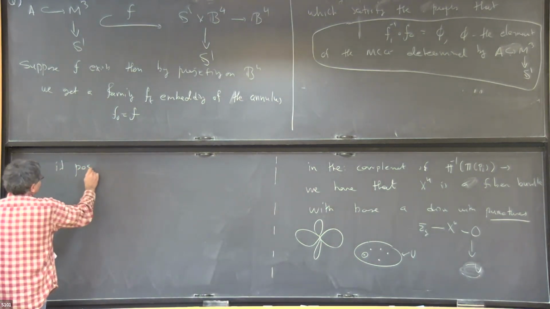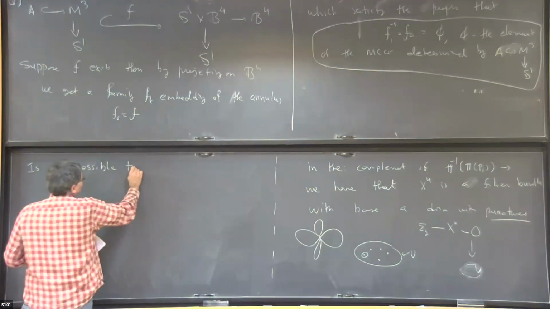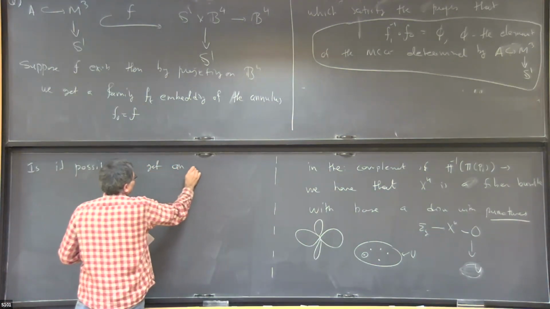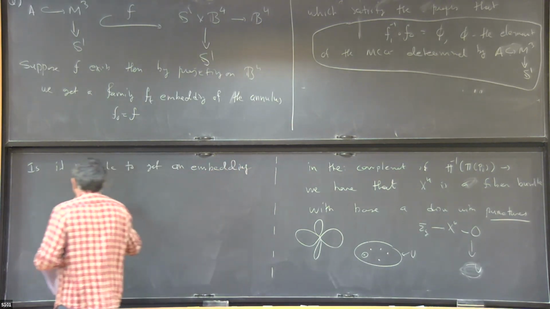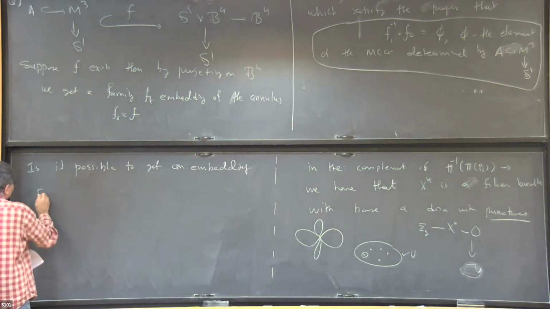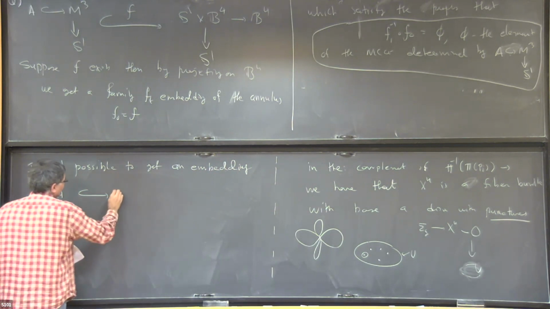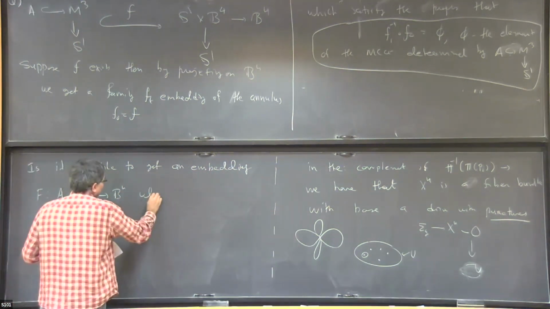Is it possible to get F of A inside B4 which satisfies the following?